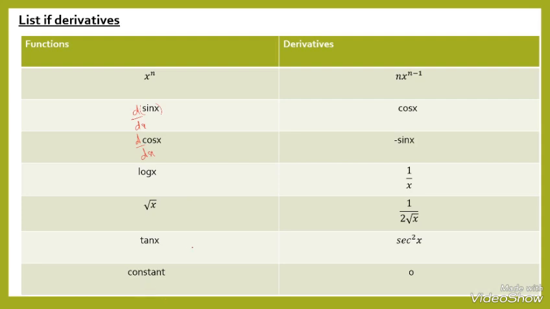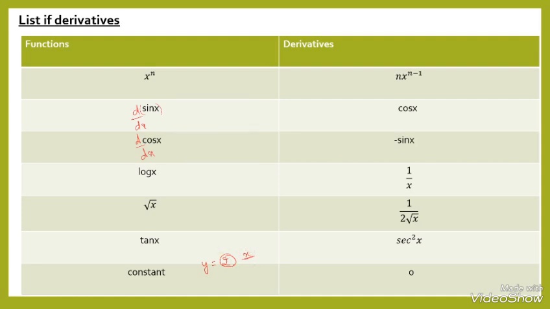It means differentiation of any number. I will take one example. Here y is equal to 2. It means the function does not contain any x coefficient. Here the x power will be 0.